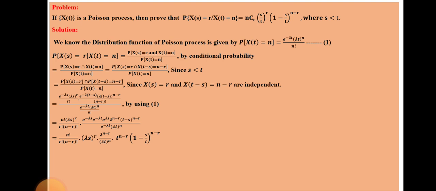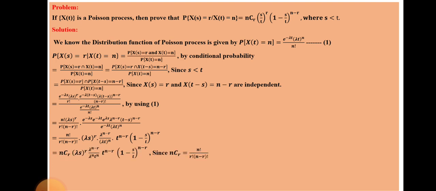So we are splitting this, we will get n factorial by r factorial (n−r) factorial, (λs)^r. Grouping all the lambdas, λ^(n−r), divided by (λt)^n, so t raised to n−r, and down we have t^n. We take t outside from the (t−s) brackets, so you will get t^(n−r), balance (1 − s/t)^(n−r).